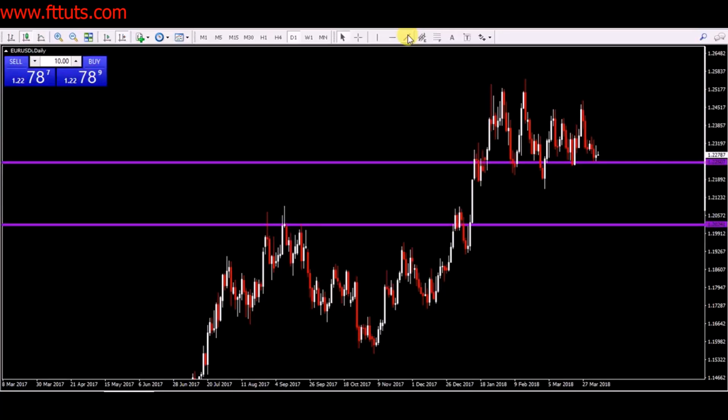So here on the daily chart, EUR/USD, first of all, what determines a trend line? What is an accurate trend line? Because a lot of people draw the trend lines incorrectly.